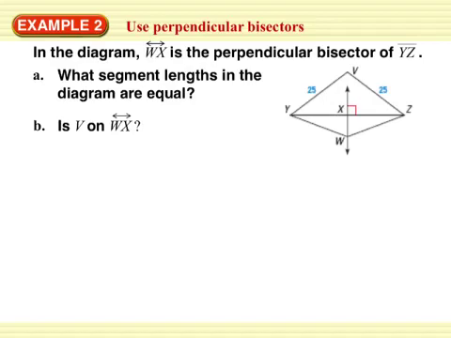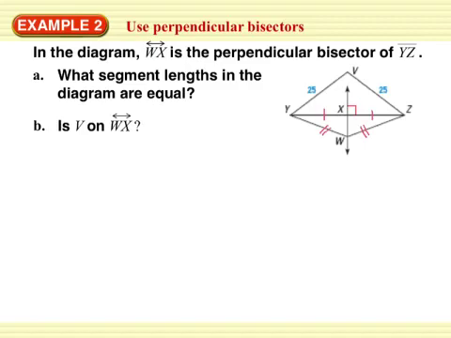Okay, in the diagram, WX is the perpendicular bisector of YZ. So I can say that this segment and this segment are congruent. I can also say that these are congruent. What segment lengths in the diagram are equal?